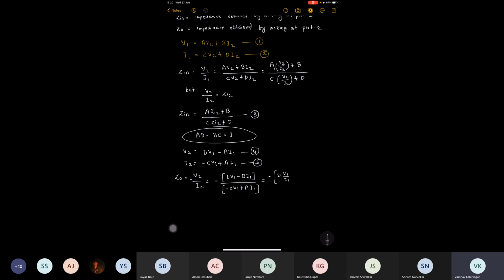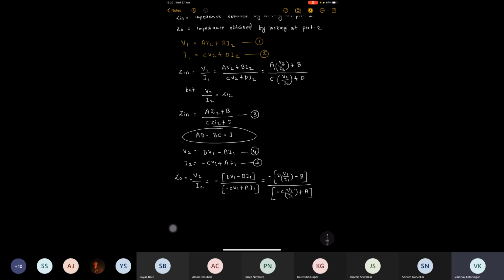If I take I1 as a common term in the numerator and denominator, I will be left with DV1 upon I1 in the numerator, divided by CV1 upon I1 plus A.